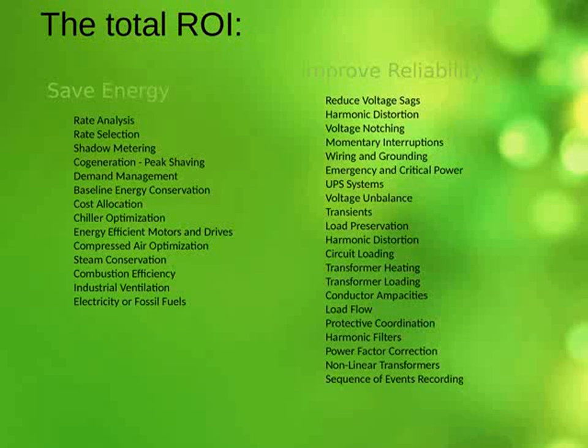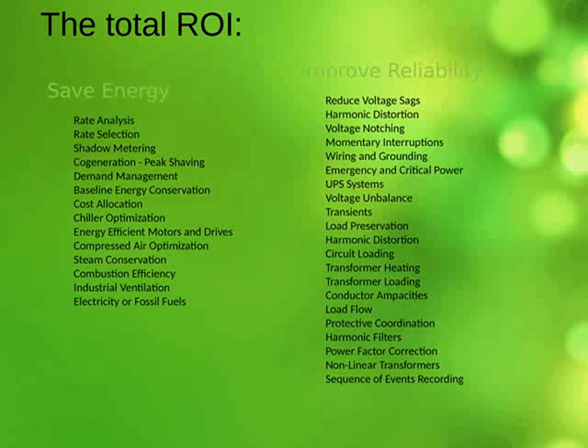On the improved reliability side, again, depending on the application of the meter, you want to place the right type of meter in the right type of application that allows you to, one, prove that ROI, and two, get the maximum value out of that metering placement.